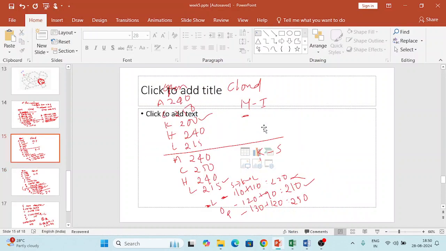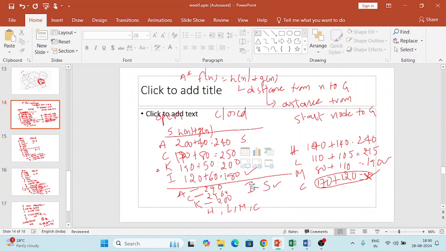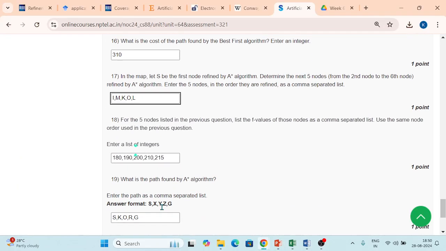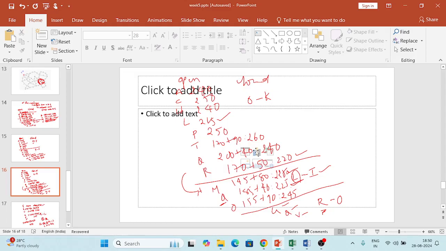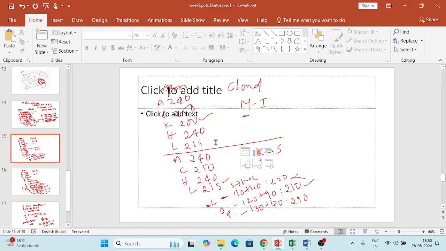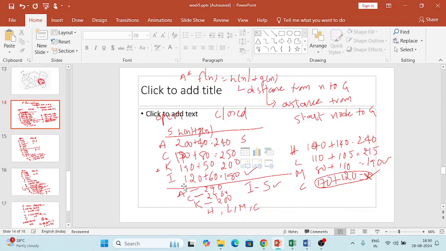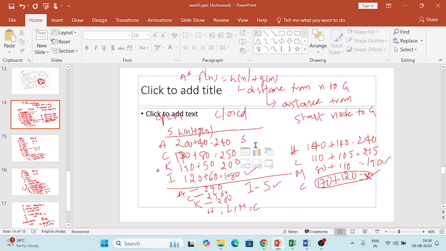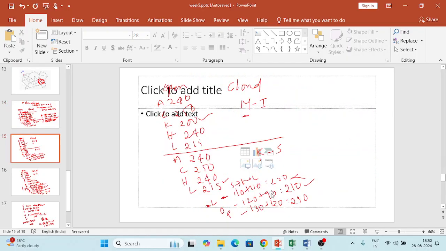I, M, K, O, L. Okay. So they asked us to write the F values for that one. First for I, what is it? 180.